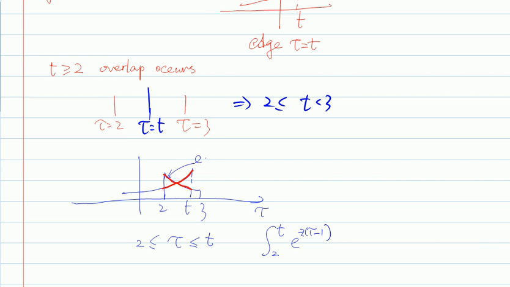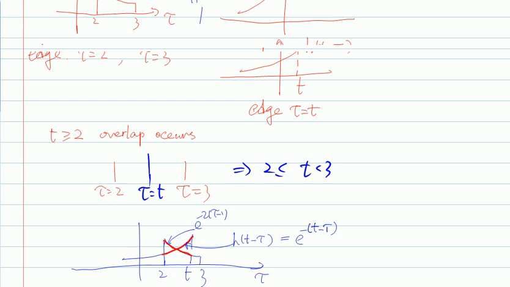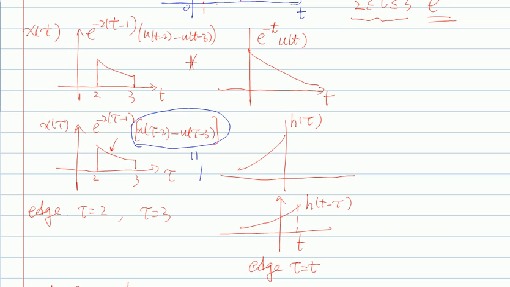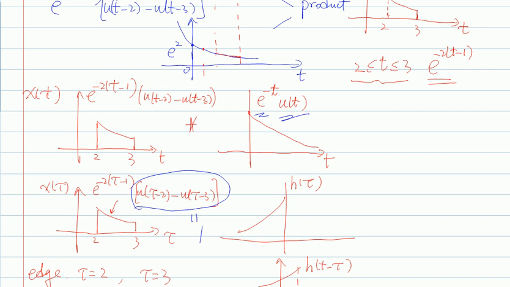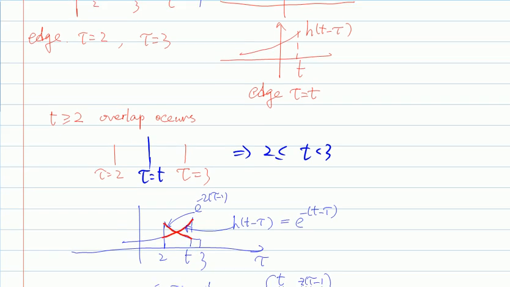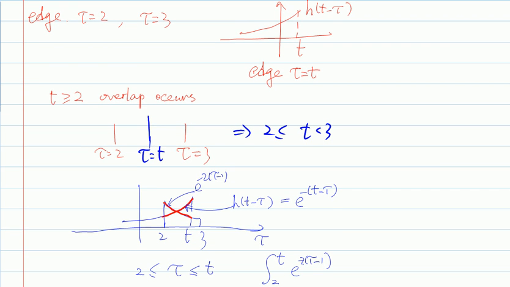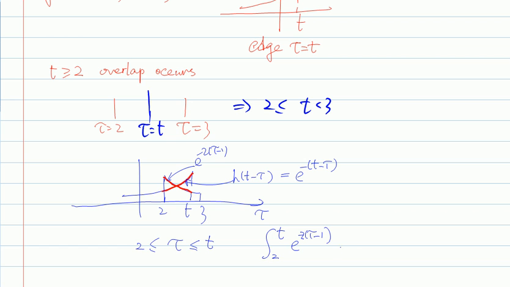And how about this portion here? This is your h(t minus tau), which is e to the power of negative (t minus tau), because the original function is e to the power of negative t. And you don't have to have this u of t anymore, because over here the unit step function is 1. So multiply with d tau, and then you can do the rest of the integral for this case.